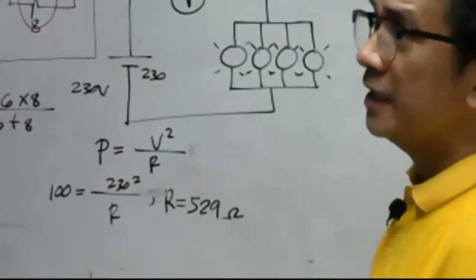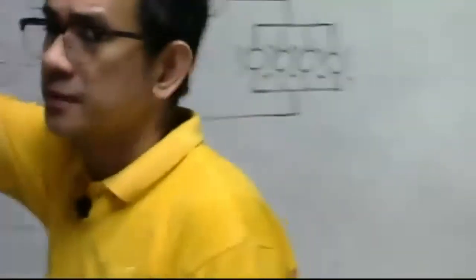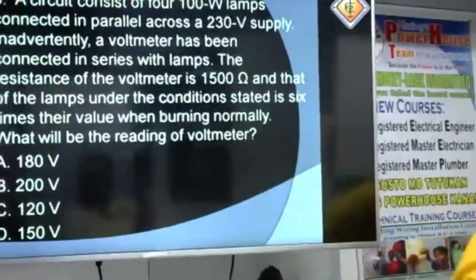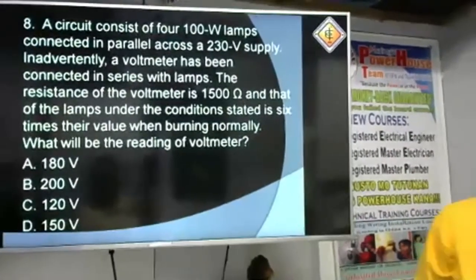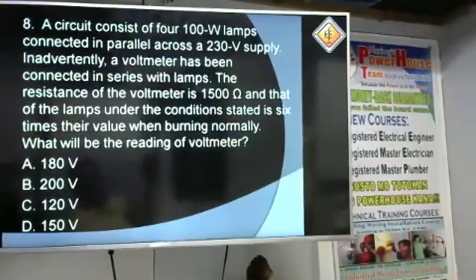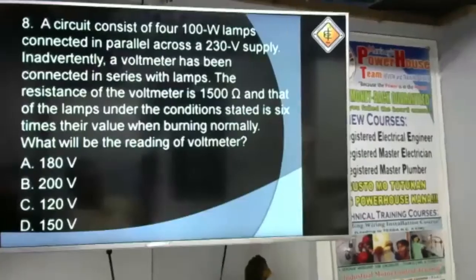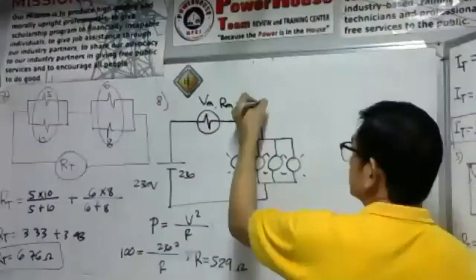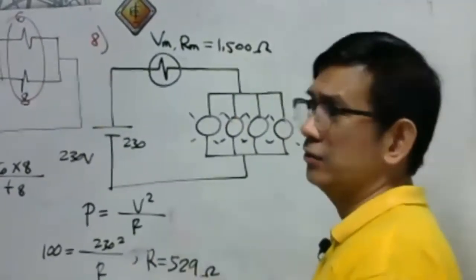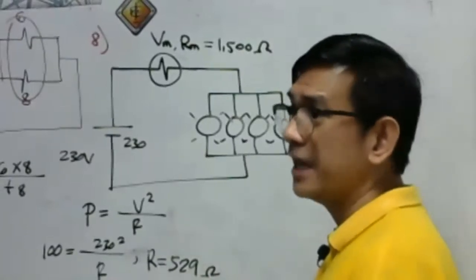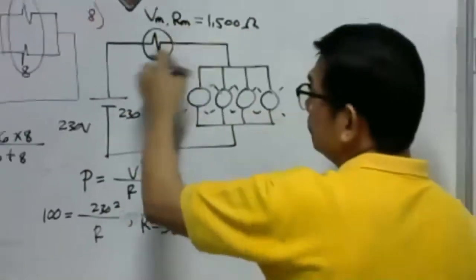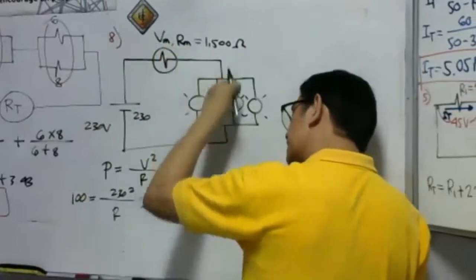It says in the problem here, inadvertently, a voltmeter has been connected in series with the lamp. The resistance of the voltmeter is 1,500 ohms, and that of the lamp, under this condition, is 6 times their value. Under this condition, the voltmeter becomes in series with the lamp.